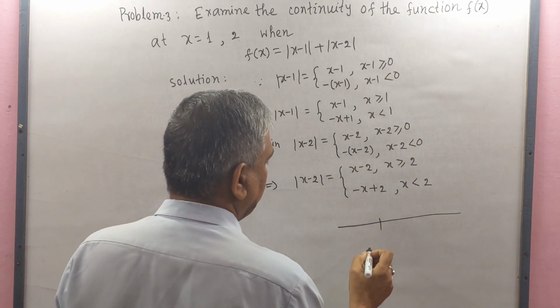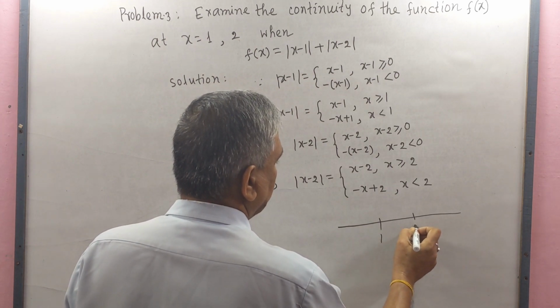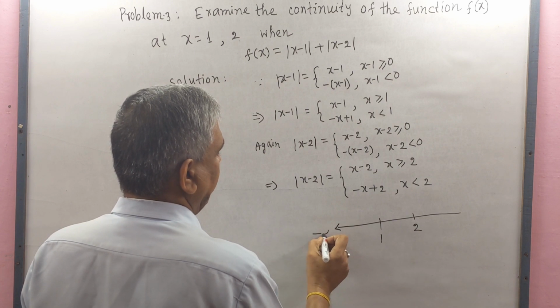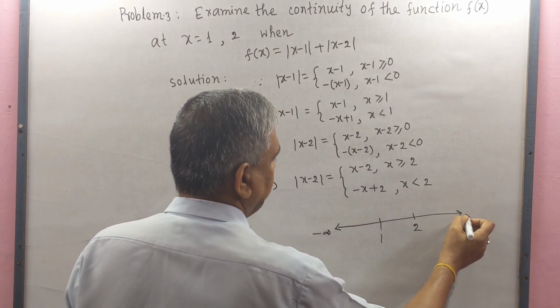So we write here 1, 2, this side minus infinity, this side infinity.